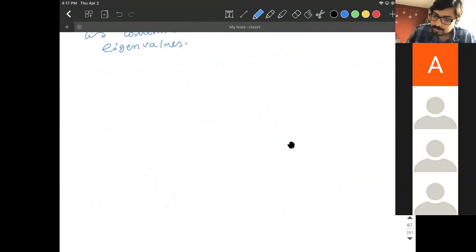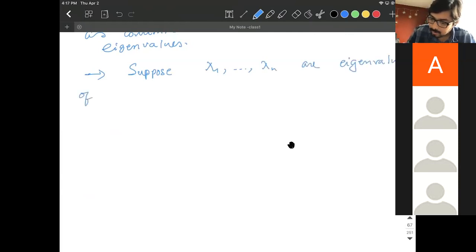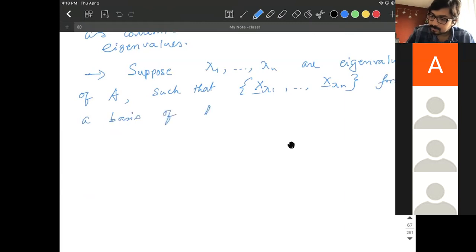So what does this mean? In other words, suppose lambda 1 up to lambda n are eigenvalues of A such that x lambda 1 up to x lambda n form a basis of Rn or Cn.